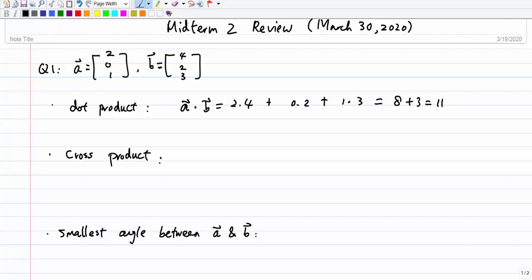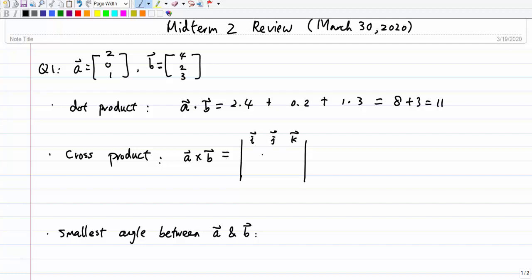Now the cross product is given by A cross B, computed by computing a 3 by 3 determinant. The first row of this 3 by 3 matrix is given by i, j, k.